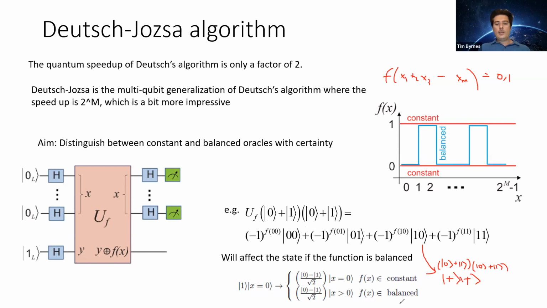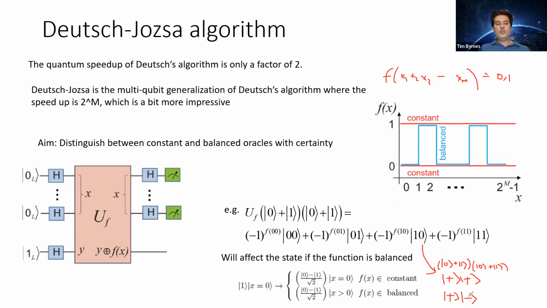Now, if it's balanced, then you're going to have some of these with a minus sign, because some of these ones will not have the same value as the other ones. So some of these will be minus, and it'll look something like plus, minus. The fact that you got a minus here means that it's a balanced function. It's the only way that it could be balanced, because that's how you get an opposite phase over here.